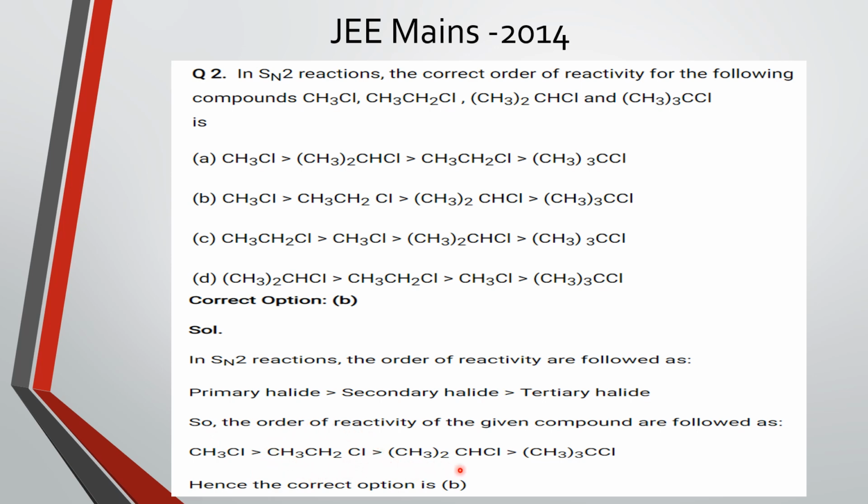It is in turn more reactive as compared to this secondary alkyl halide, and this is in turn more reactive as compared to the tertiary alkyl halide. Hence the correct option is option B, that is CH3Cl has greater reactivity as compared to ethyl chloride, which has greater reactivity than the secondary alkyl halide, which has greater reactivity than the tertiary alkyl halide.